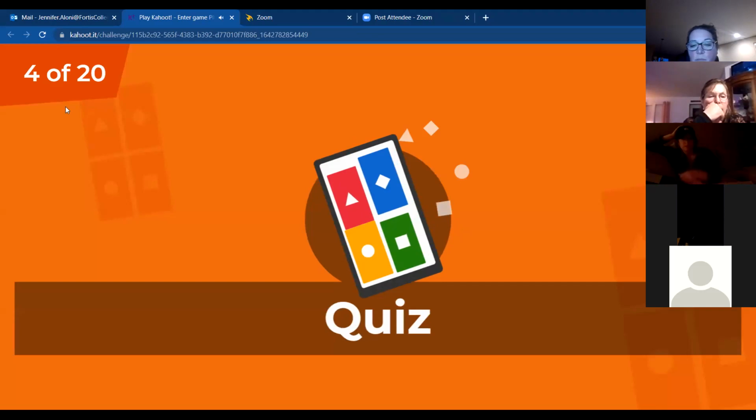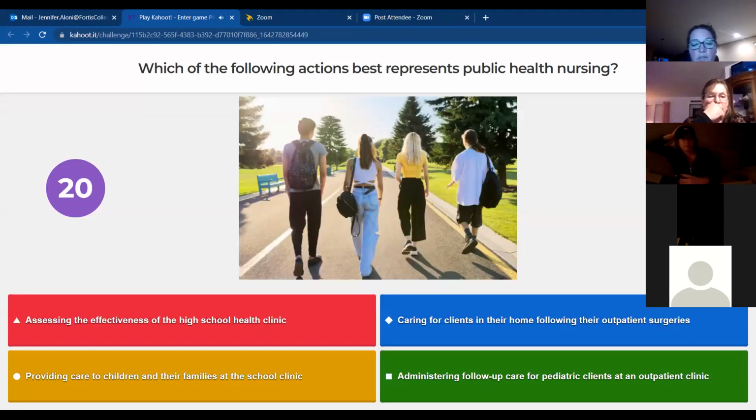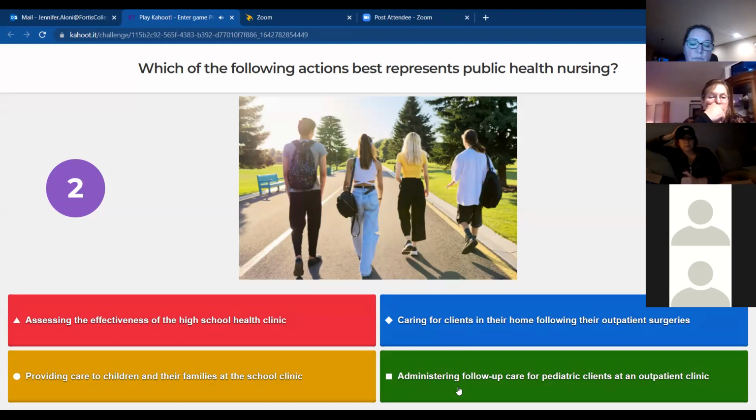Which of the following actions best represents public health nursing? Assessing the effectiveness of the high school clinic, providing care to children, caring for clients in the home following their outpatient visit, administering follow-up care for pediatrics. Remember, public health nursing, what is our goal? Red.